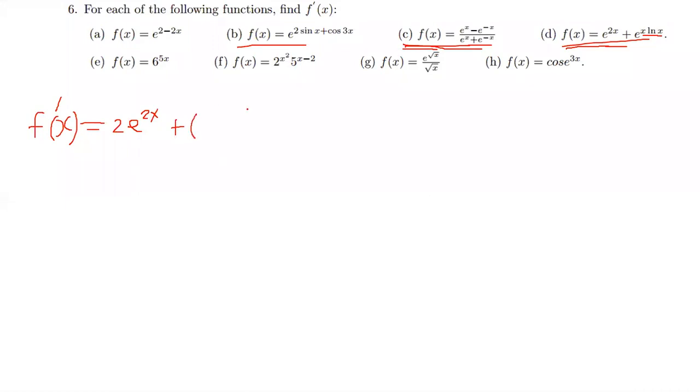So how do you differentiate using product rule? You write first x. I'm differentiating the power there, so I'm going to write the first x here. So I'll write that x, and then multiply it with the derivative of ln x.